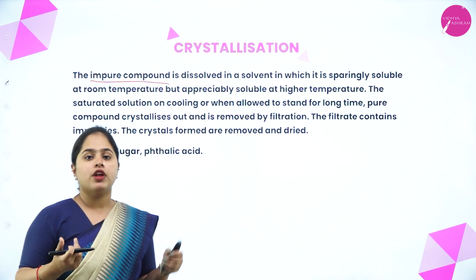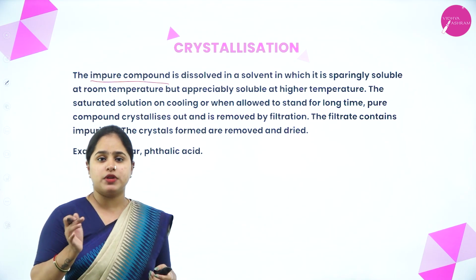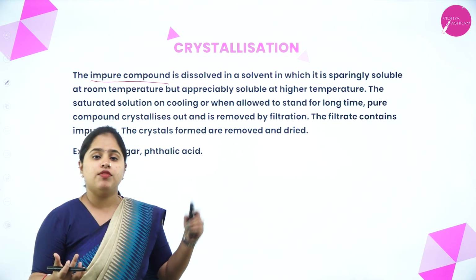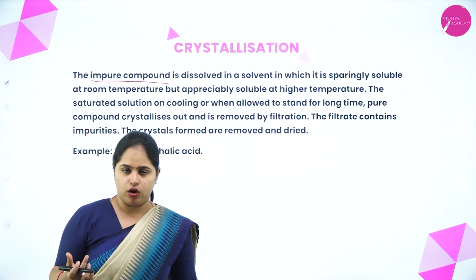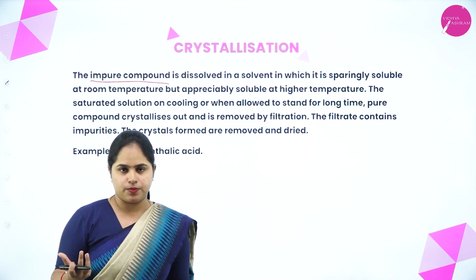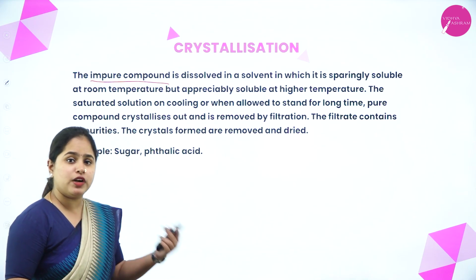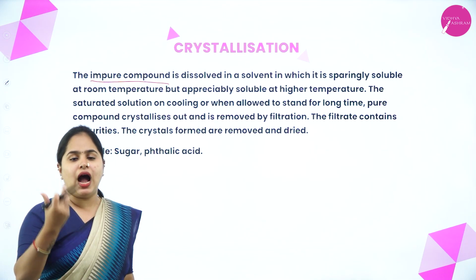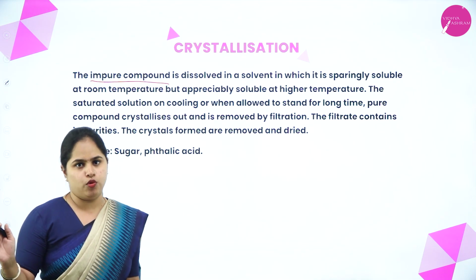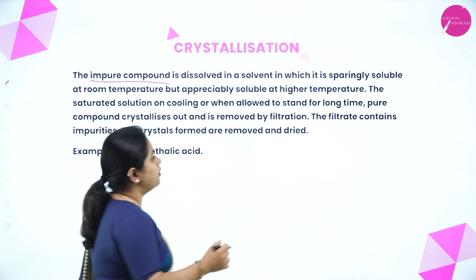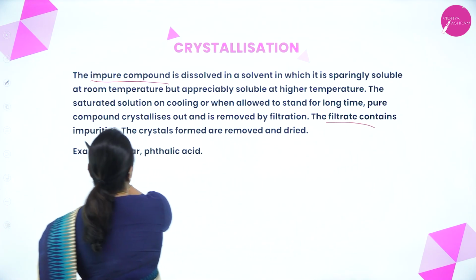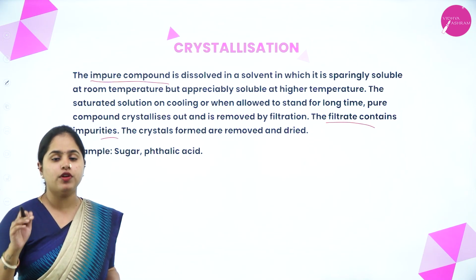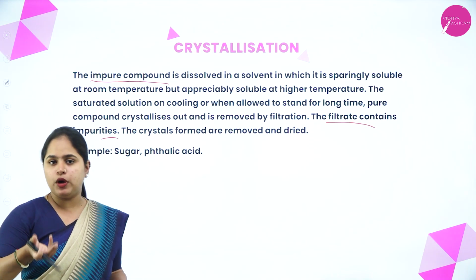Okay. So once the impure compound is mixed with the solvent, we heat it and we get a saturated solution. We either keep it aside for a long time or else we filter it. Once we filter it, we get the pure compound, right? And the impurities will be removed. The filtrate will be containing the impurities and that will be removed and we obtain the pure compound.